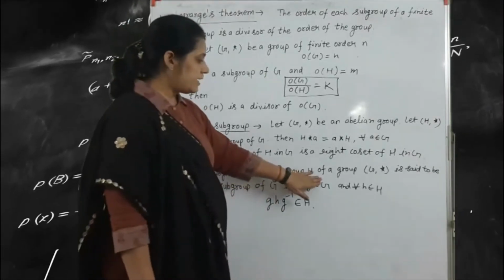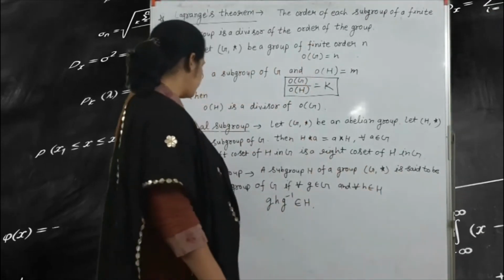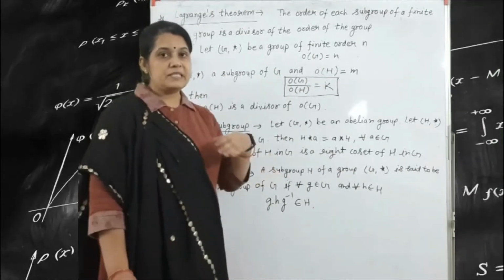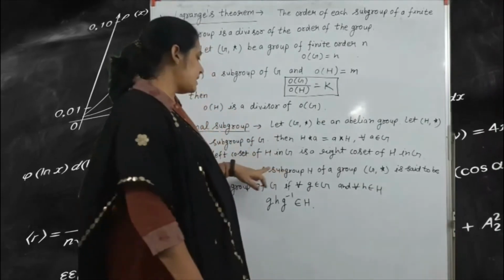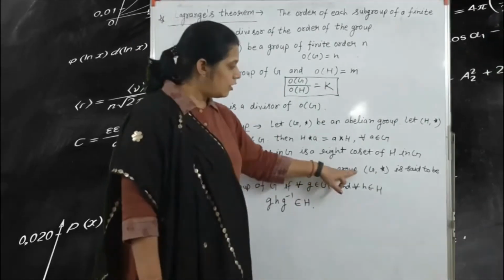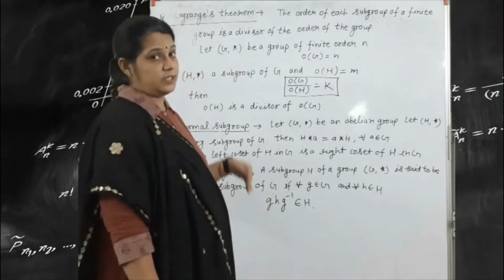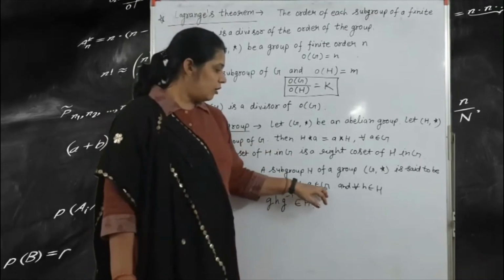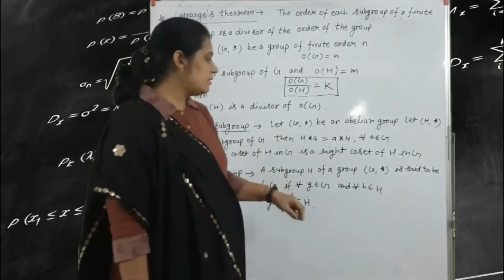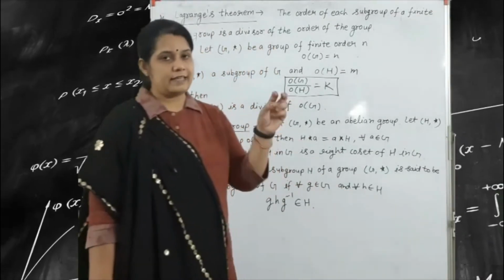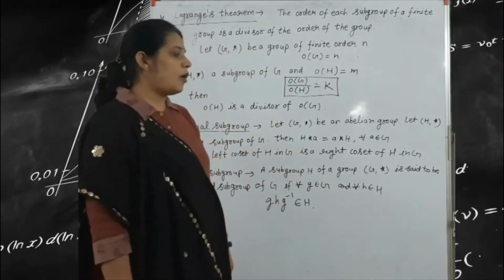A subgroup H of a group (G, *) is said to be a normal subgroup of G. That means G is a group and H is a subgroup of G. The condition is: for all g belongs to G and for all h belongs to H, where H is a subgroup of G.